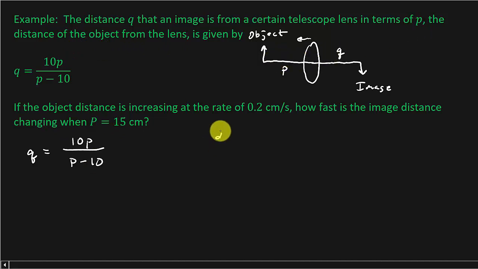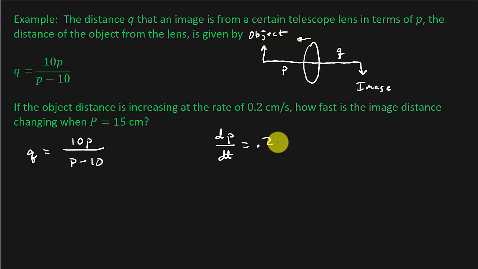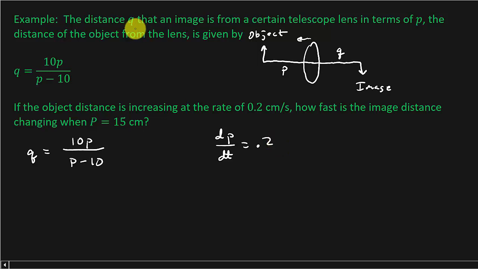So we know dP/dt is equal to 0.2 centimeters per second. And they want to know how fast the image distance is changing. Remember the image distance is Q. So that's going to be dQ/dt. That's what we're looking for when P is equal to 15.